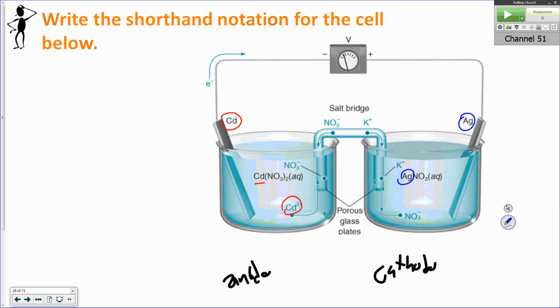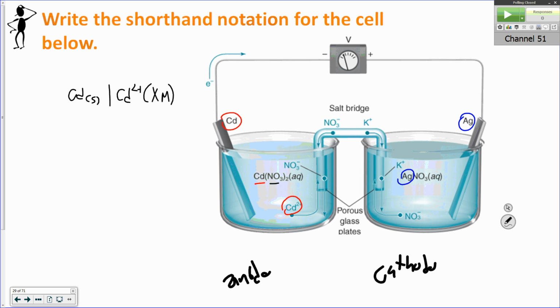So if I'm going to write out this redox reaction and the shorthand of it, I'm going to have my phase boundary representing the difference between the cadmium solid and the cadmium 2+. Now here it doesn't tell me the concentration, but I would need to specify what the molarity is, because the cell potential is dependent on the molarity. Right?